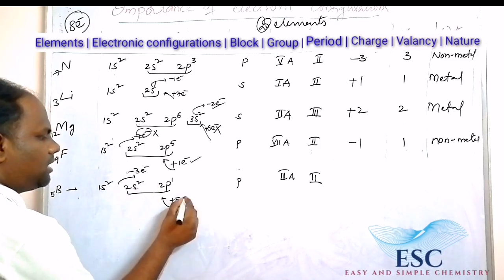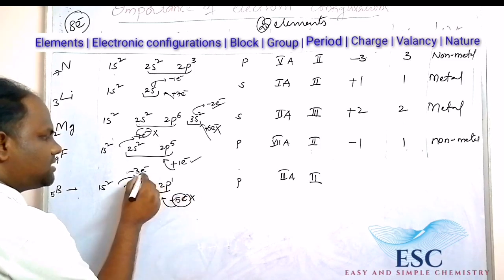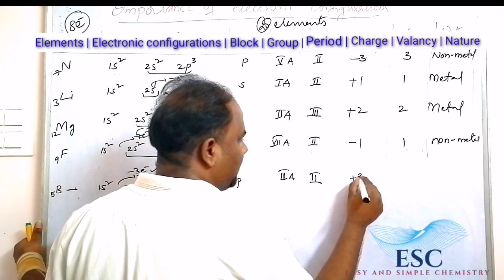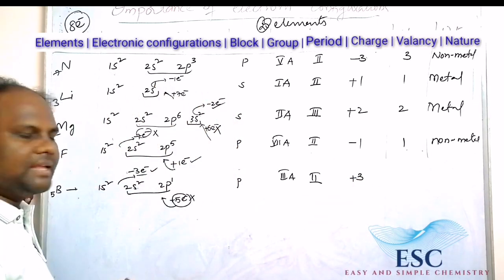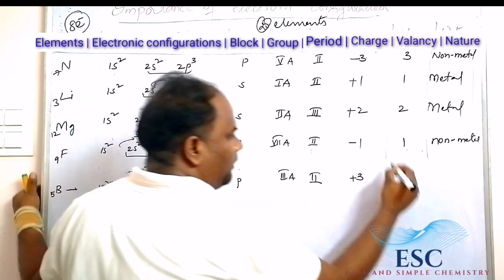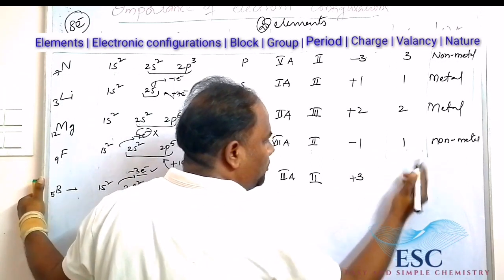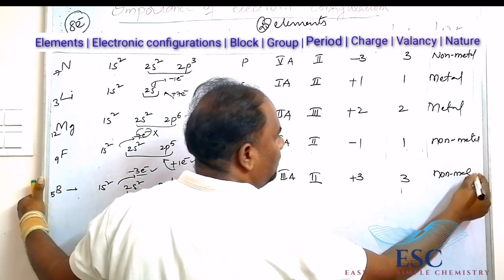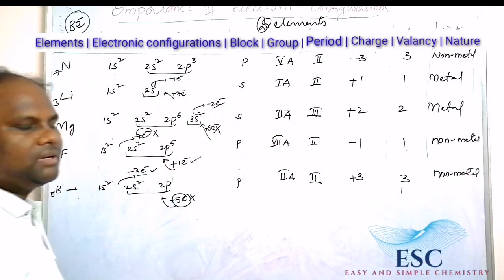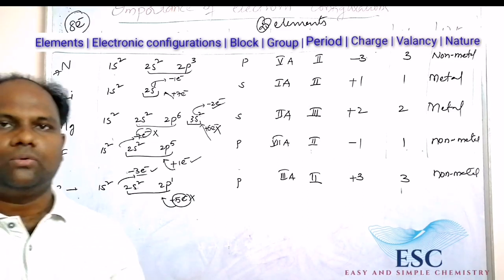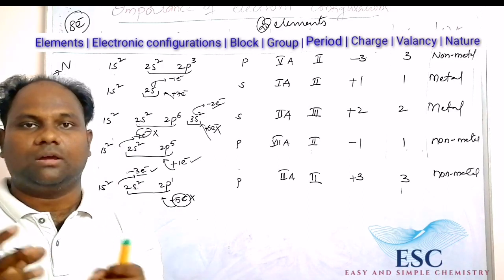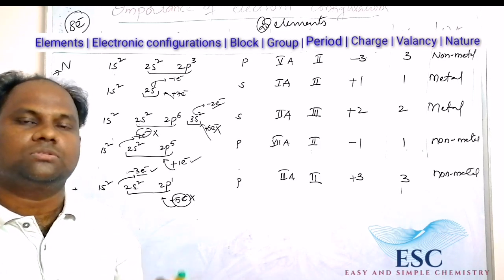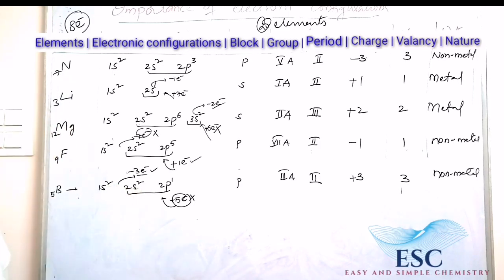Which condition? Not 5 electrons. Losing 3 electrons is favorable. When losing 3 electrons, the boron charge is +3. The number of bonds of boron is 3, but it is a non-metal. In the third A group, boron is the only non-metal; except boron, all the remaining elements show metallic nature. That is one exception.